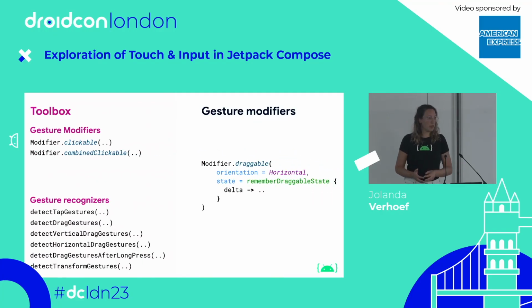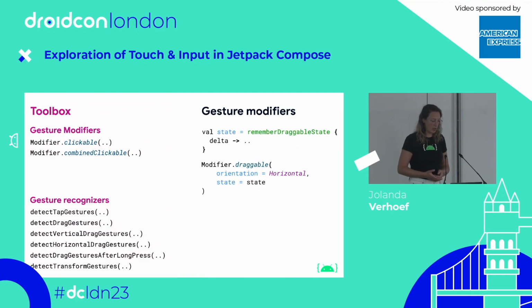And you can use the draggable modifier to listen to horizontal or vertical drag gestures. In this case, instead of passing a single onDrag lambda, you pass a state. And this is actually a common pattern, passing in a state, and that makes it possible for you to hoist that state. So you can move the actual state out of your modifier and then pass it into it.